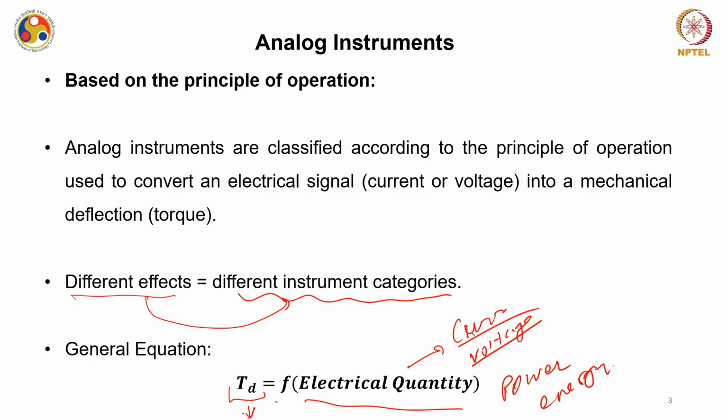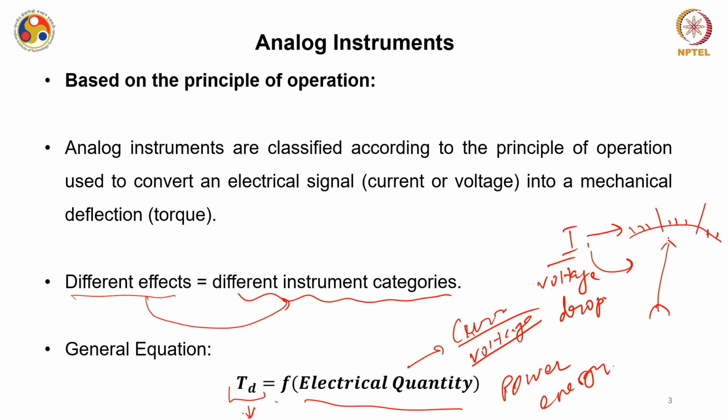So what I mean to say is that any analog meter, irrespective of what type it is, will try to measure a certain current or voltage. Say there is a current I flowing. Because of this current I, there will be a certain effect because of which there will be a mechanical deflection on a scale. There is a pointer, and because of this current flow or the voltage drop, there will be a deflection of this pointer.